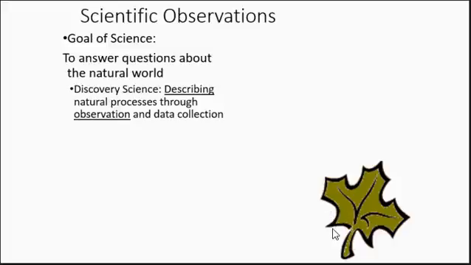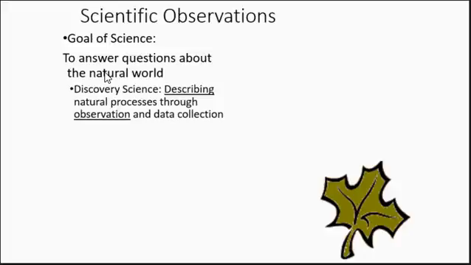Now, how we go about answering those questions is different. Discovery science emphasizes observation, data collection, and describing those natural processes. In a sense, the question that it answers is, what is the world like?